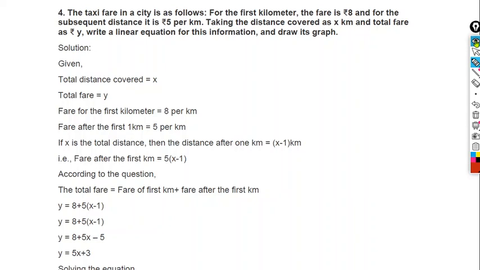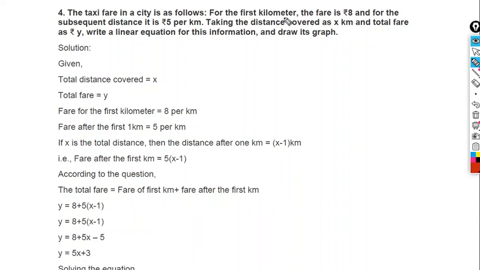In cities, for transport we normally use taxis, like Ola and Uber, and other taxi services and personal taxi services are there in the city. So in a city there are some rules for taxi fare. So what are the rules?